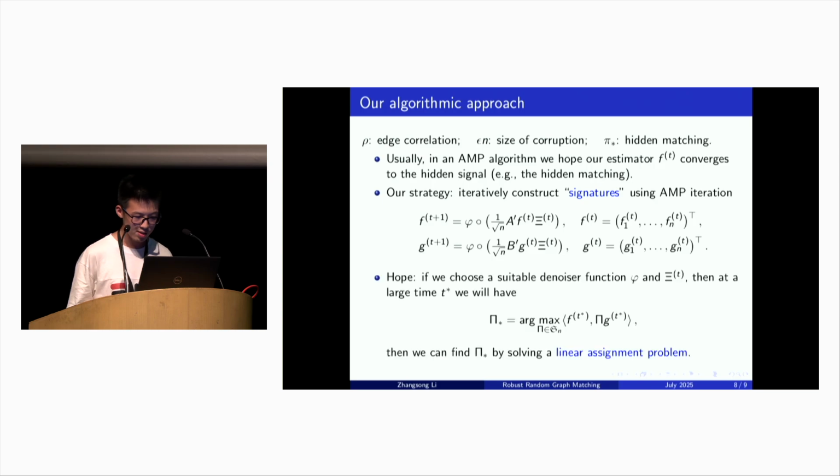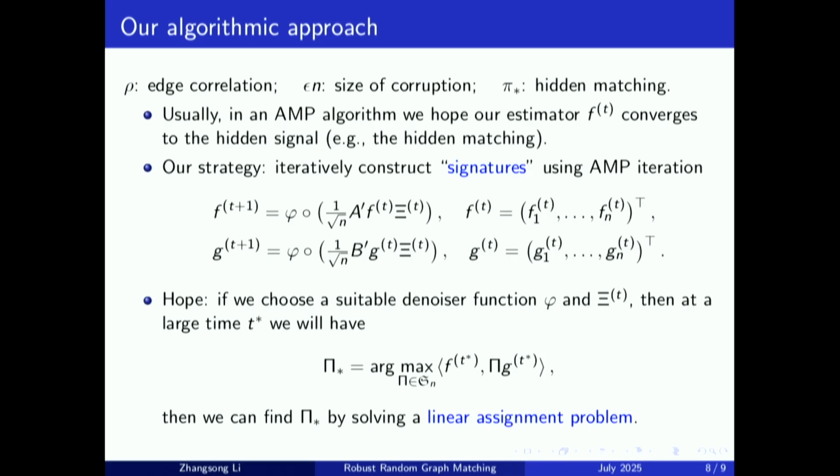And our hope is that if we choose a suitable denoiser function, and we run this iteration for a large time t, the inner product between f^t and g^t composed with pi is maximized when pi is the true underlying matching. Then we basically transform a quadratic assignment problem to a linear assignment problem, which we can solve by a standard linear programming step.